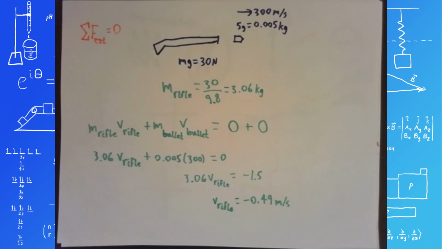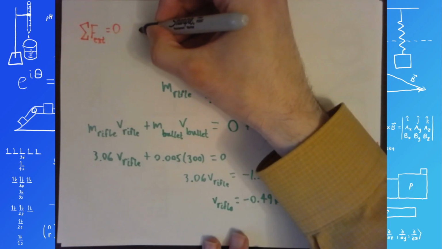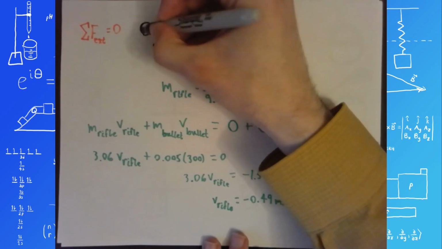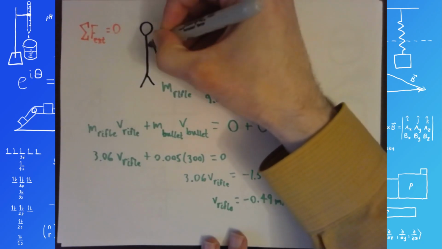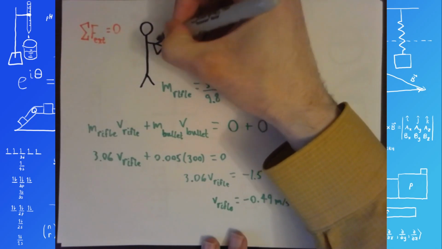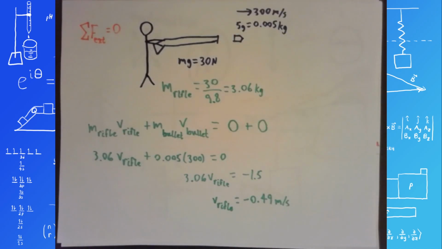So if we add, this is going to look very silly because of the proportions, but if we add someone over here to hold the rifle for us, that's not how people are supposed to carry their rifles, but that's the best I can do with my art skills. Actually, that looks really weird because I used the same color for the person and the rifle. Oh well.